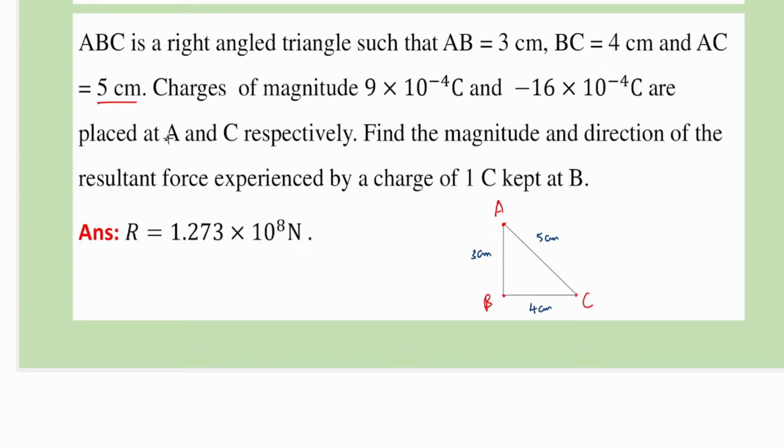Charges are placed at point A and point C. So at point A a charge is placed and that charge is given as 9 into 10 power minus 4 Coulomb. Charge placed at point C is given as minus 16, a negative charge, into 10 power minus 4 Coulomb.